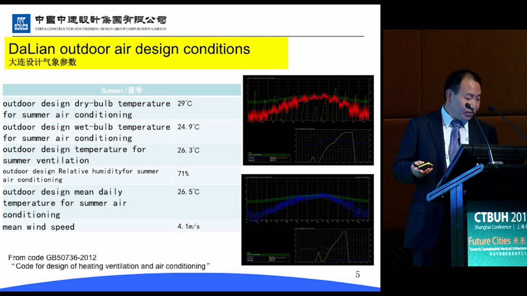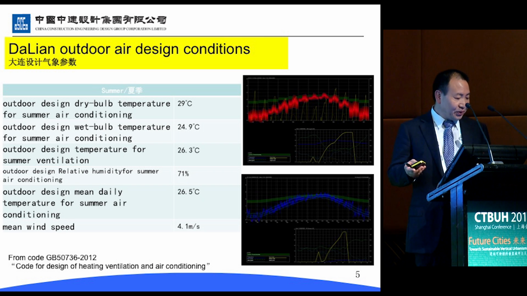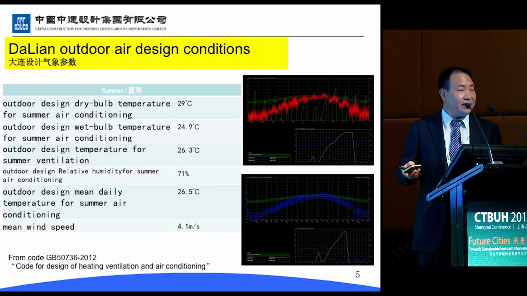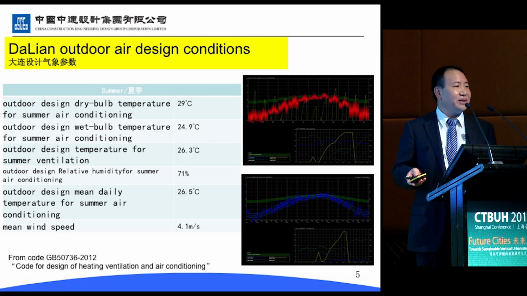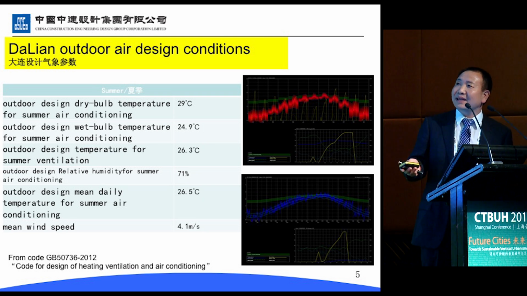So this is Dalian outdoor air design conditions. So in our research, we picked the summer and picked the spring season. And we picked the city Dalian as our model city, and we did some research. Now, this is the Dalian outdoor air design conditions.